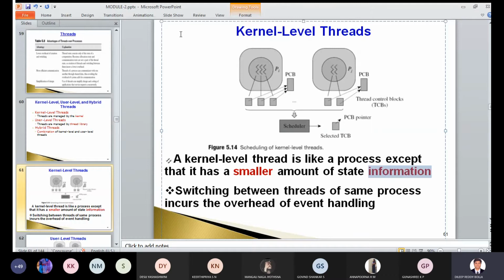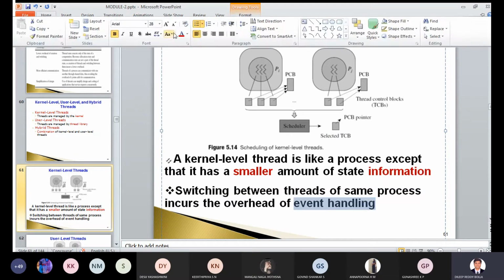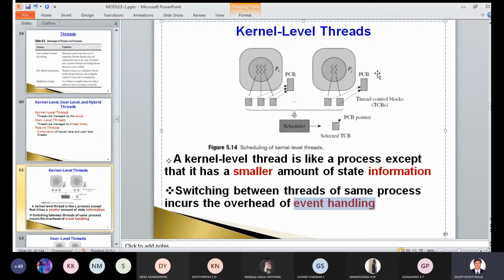It executes the same way as a process, but with smaller information. Next, switching between threads of the same process incurs the overhead of event handling. How are we able to manage that switching? We manage it by using event handling. This is the mechanism we use to manage the switching over of the threads.